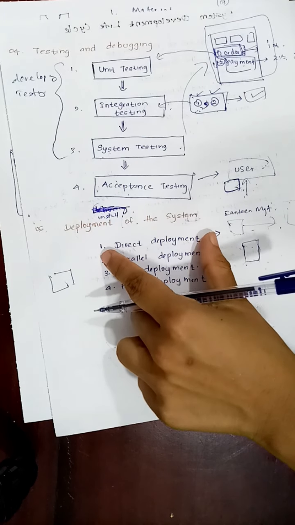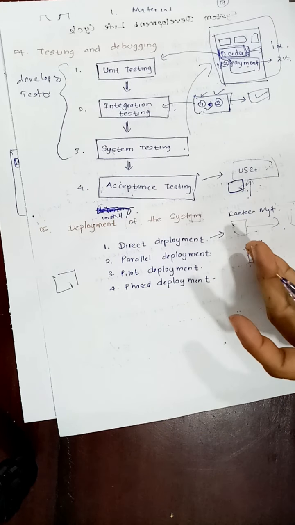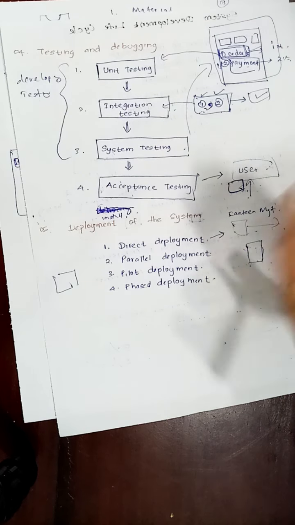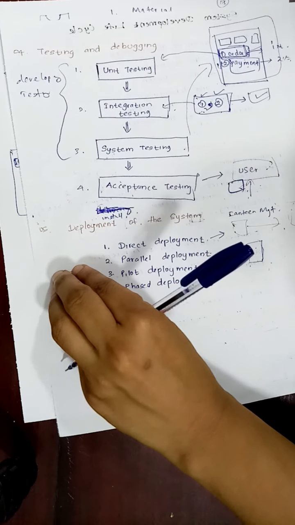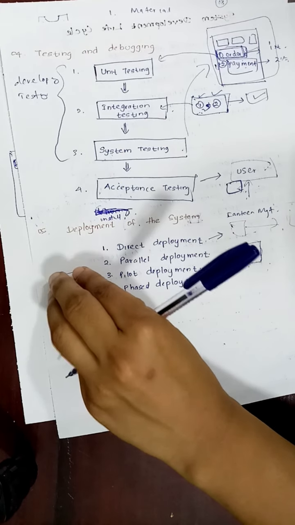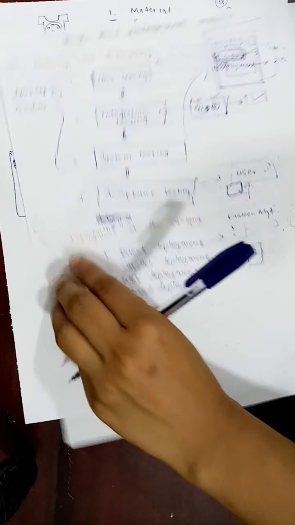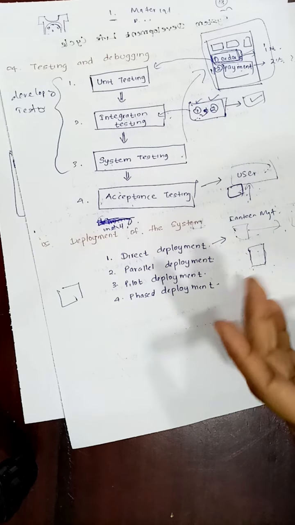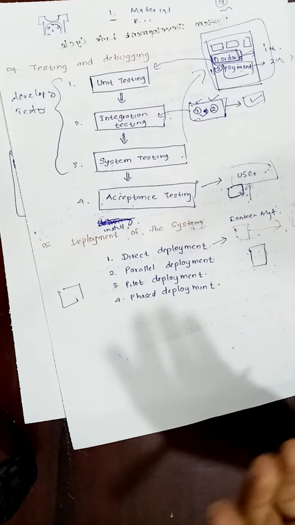So direct deployment means we are going to throw that written method or existing software method, and we are going to use only this newly developed software. That is direct deployment.